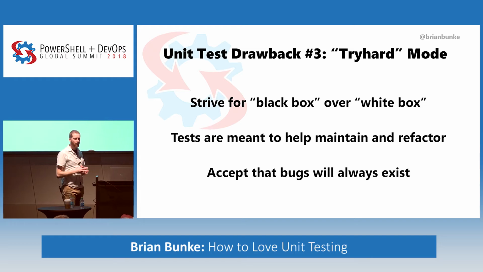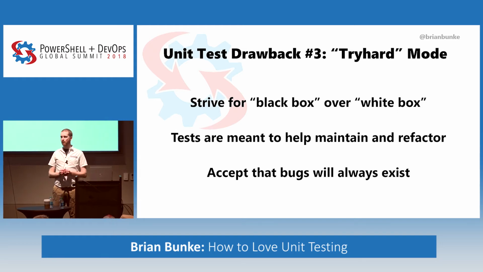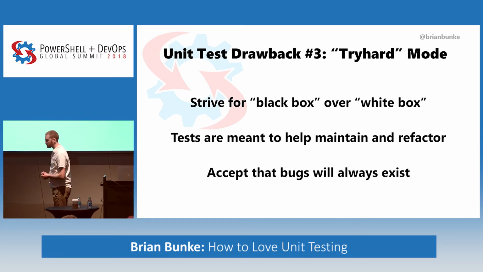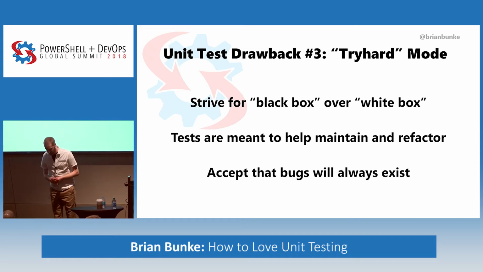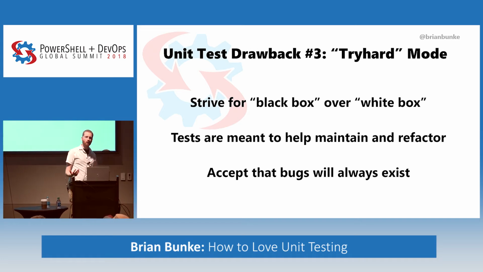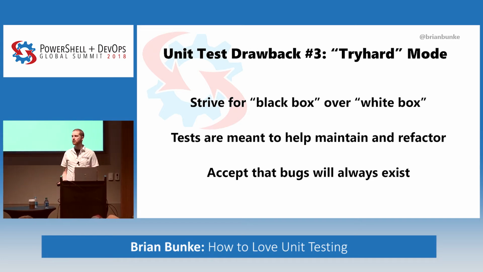And what that means in practice is do not test your private functions. Now, are there exceptions to that? Of course there are. It's IT. There's exceptions to absolutely everything. But when you're writing tests, start by not testing your private functions.